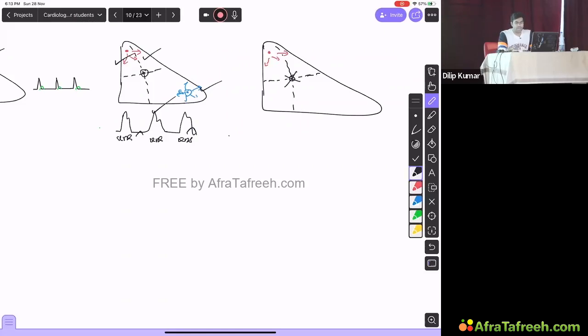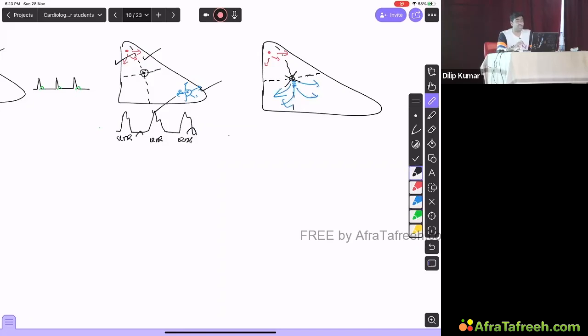It's not working at all, not even transmitting one impulse. In this situation, some lower parts of the AV node itself, or some bundle of His or Purkinje fibers, are going to take over as the pacemaker for the ventricles.